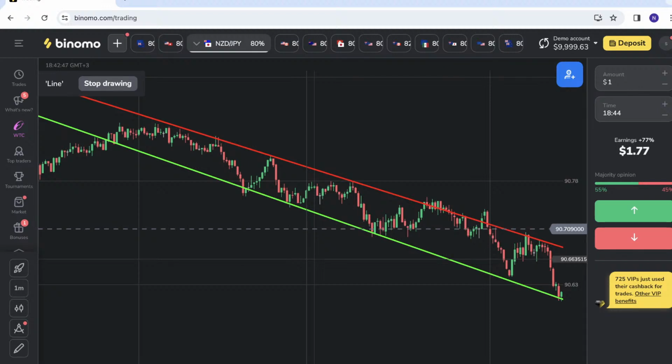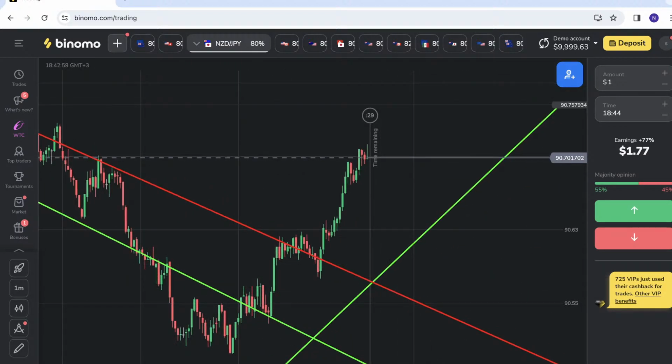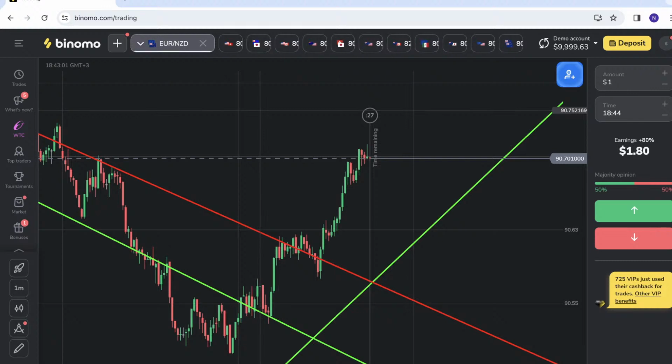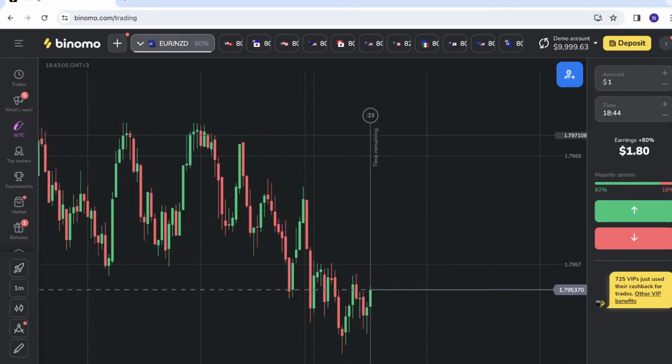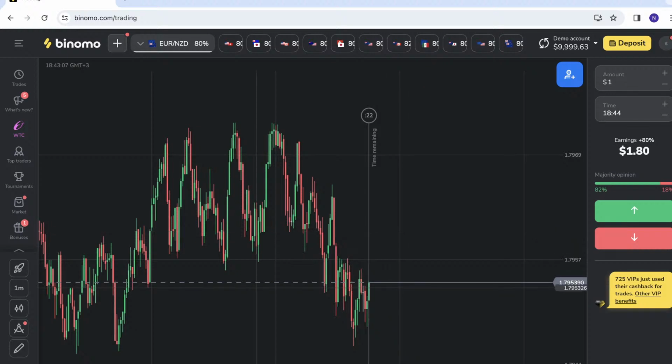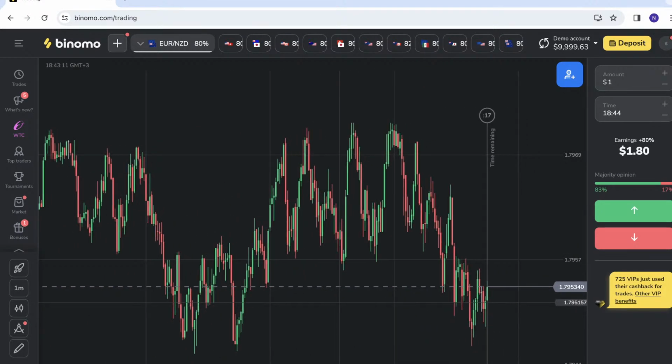That's all I wanted to explain to you in theory. Let's try to find some trading signals in real time, to show how we can find signals by using our support and resistance lines.